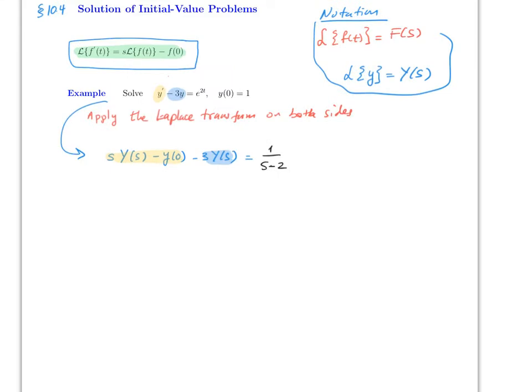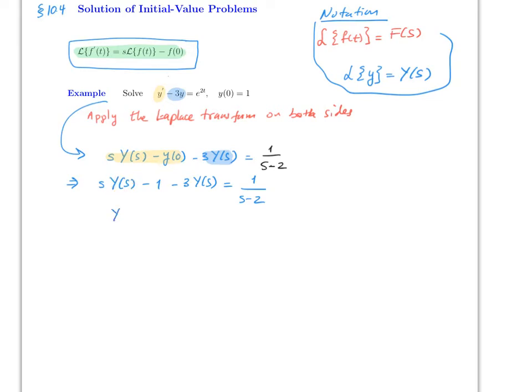Now if we plug in the initial condition, y of 0 is equal to 1, we get the following. You have s times the Laplace transform of y, minus 1, minus 3 times the Laplace transform of y, equals 1 over s minus 2. The next step is we're going to combine the Laplace transform.